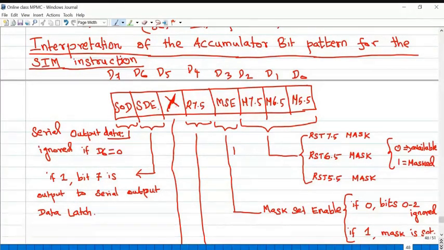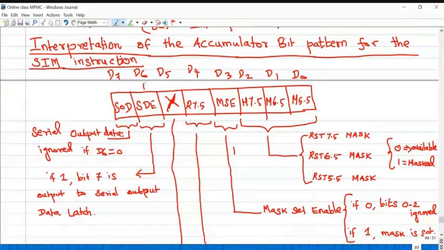D5 is not used, and D6 and D7 are used for serial communication. If D6, the serial output enable, equals 1, it represents that the microprocessor is sending data serially to the outside world. Whatever information is available at D7, that particular data is sent to the external world serially.